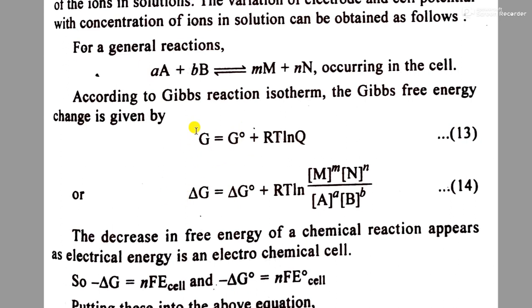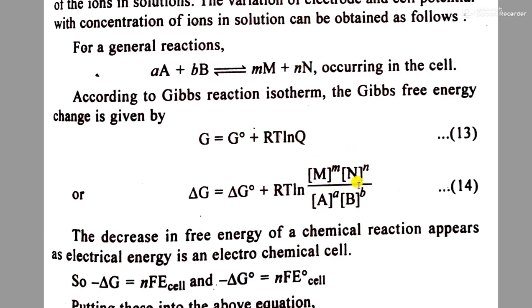And if this free energy change is considered, we replace this G using delta G. So the equation becomes delta G is equal to delta G0 plus RT ln. We take the product side of the equation first. That is concentration of M raised to m into concentration of N raised to n.